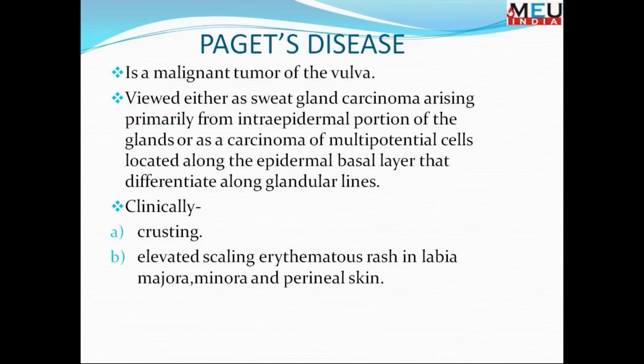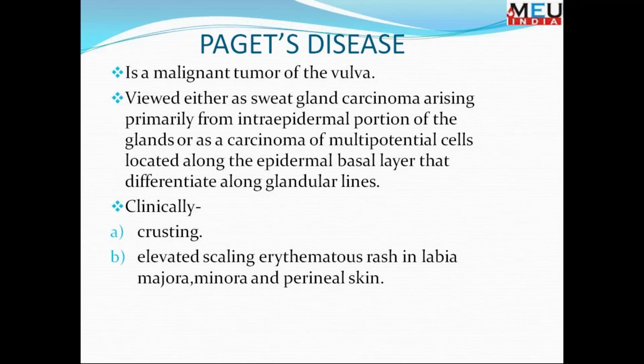Paget's disease is a malignant tumor of the vulva, and it is viewed either as a sweat gland carcinoma arising primarily from the intraepidermal portion of the gland, or as a carcinoma of multipotential cells located along the epidermal basal layer that differentiate along glandular lines.